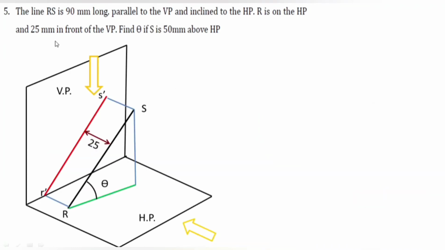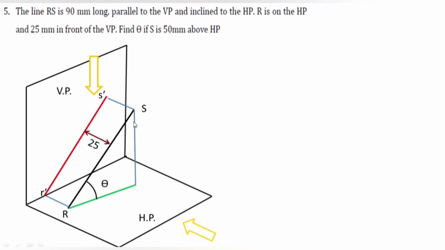Problem number 5 says that line RS is 90 mm long. It is parallel to VP and inclined to HP, and the R end is lying on the HP. The problem is very simple, but the angle value is not given here. The examiner says that R is 25 mm in front of VP, and we need to find theta if S is 15 mm above HP.